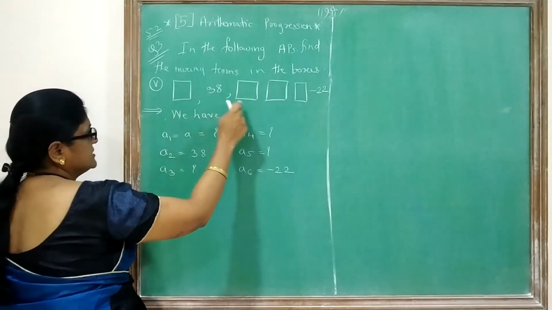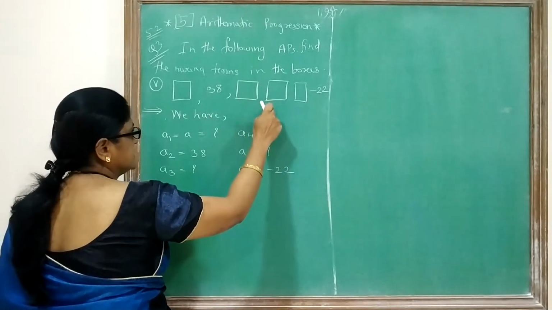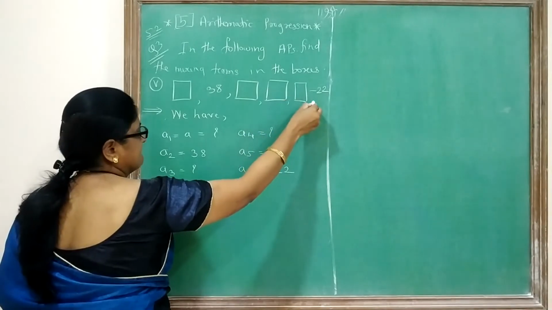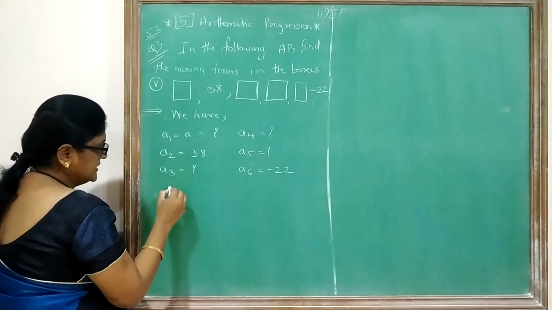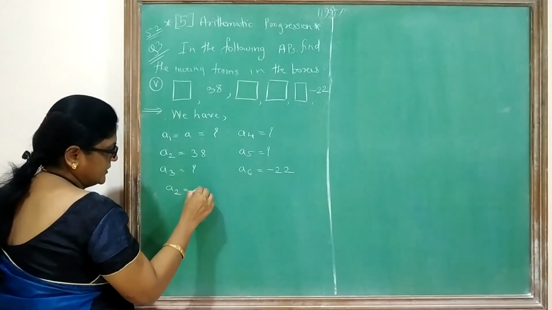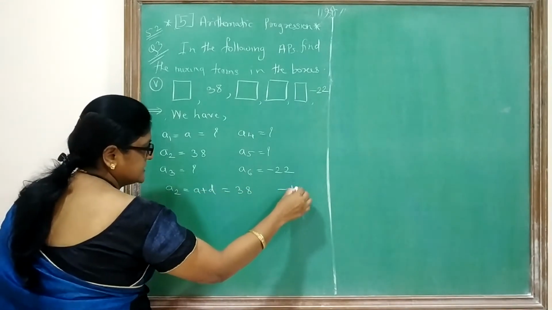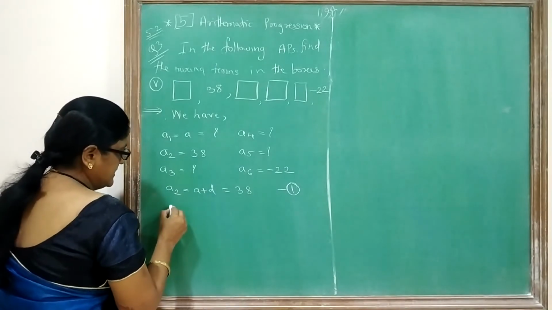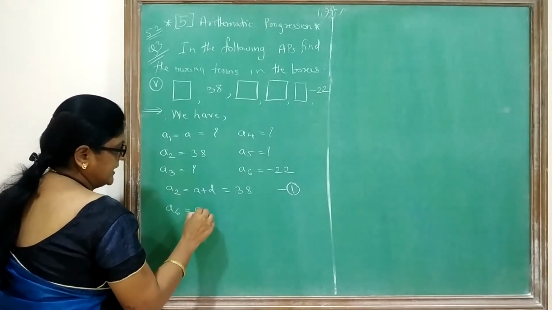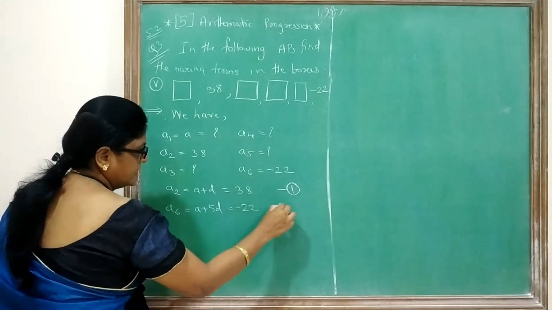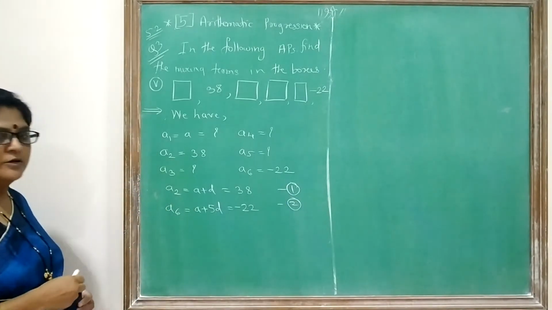This is A1, this is A2, this is A3, this is A4, this is A5, and this is A6. Then A2 equals A plus D equals 38. This is your equation number 1. Here A6 equals A plus 5D equals minus 22. This is equation number 2.